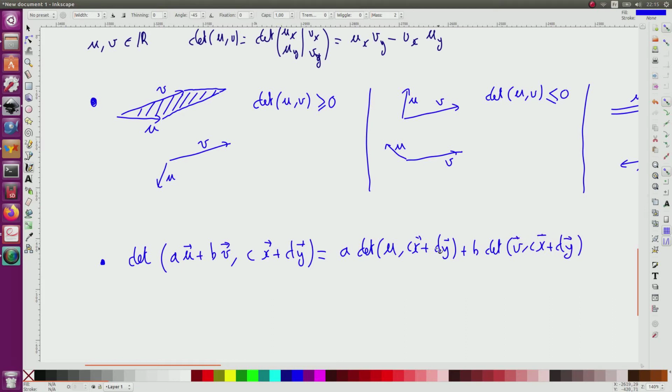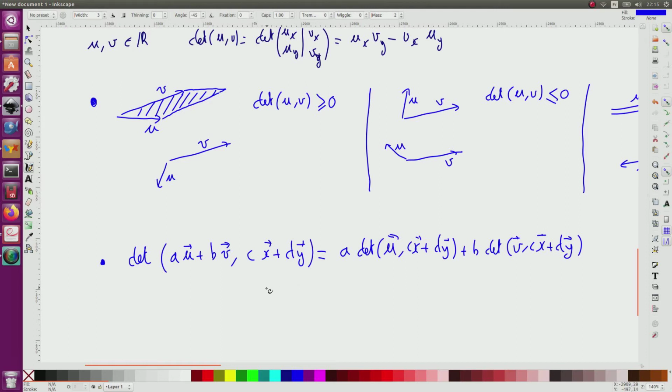So I put arrows on vectors, and here I use the linearity with respect to the first argument of the determinant. Now I will use the linearity with respect to the second argument, and since I have the linearity with respect to the first and also to the second, this is what I call multilinear.